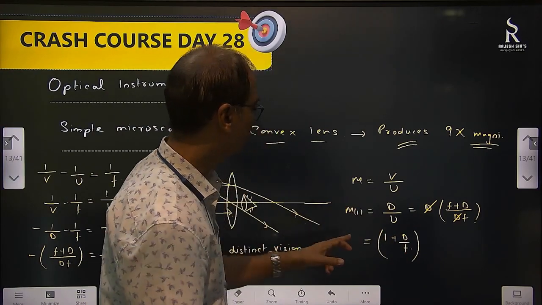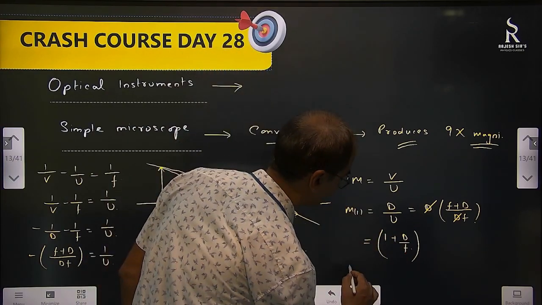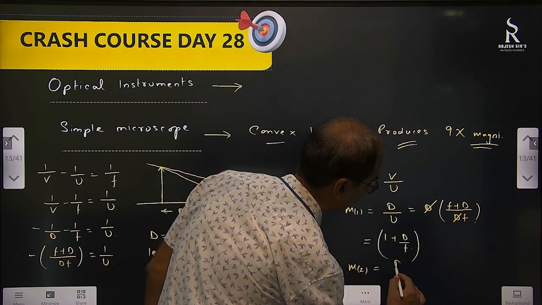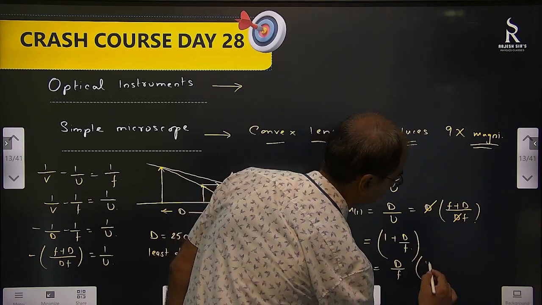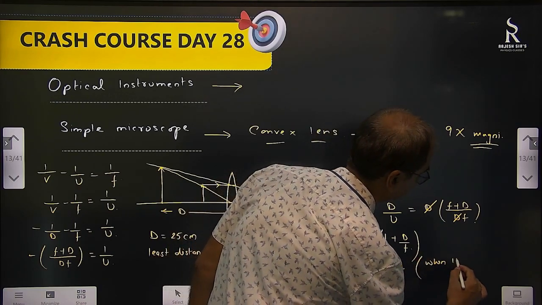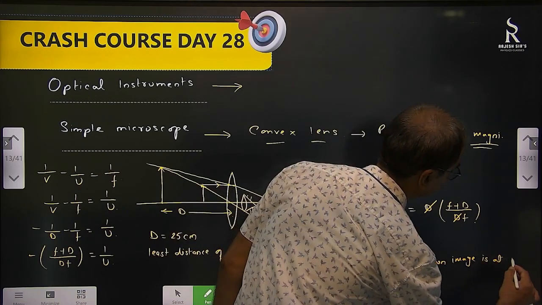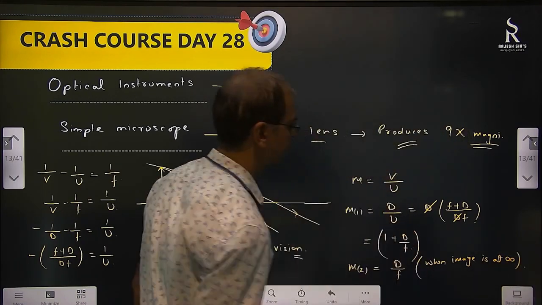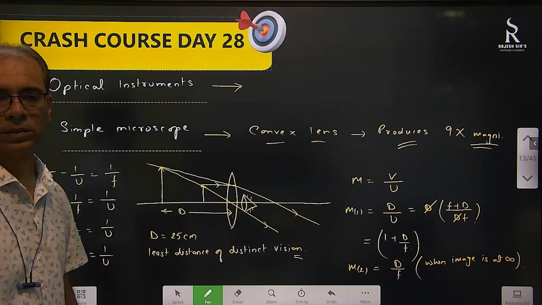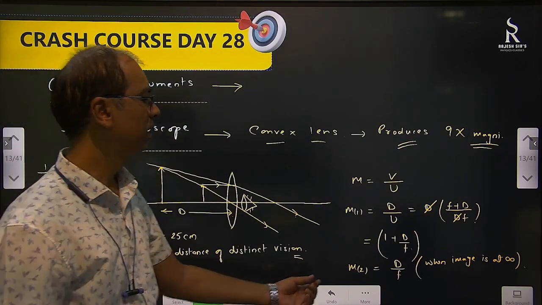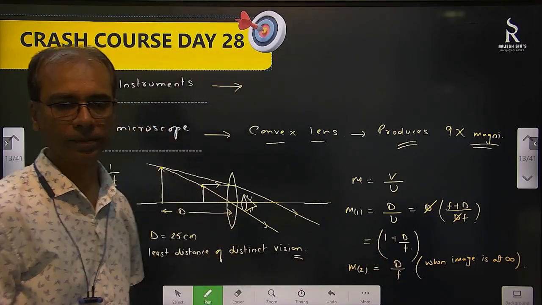So magnification is going to come as D by F when the image is at infinity.